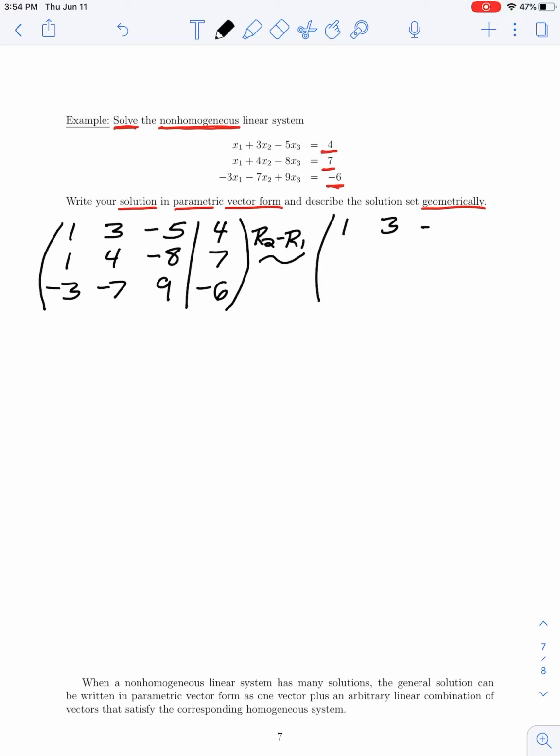So my first row is 1, 3, negative 5, 4. My second row, if I subtract the first row, is 0, 1, negative 3, 3. And in order to get rid of the negative 3 as the lead coefficient in my third row, I will take row 3 plus 3 times row 1.